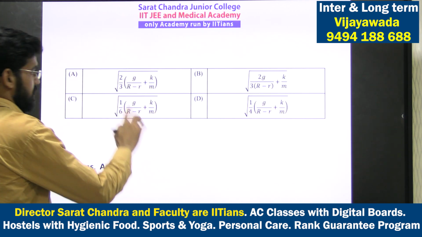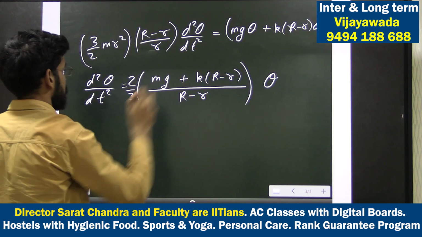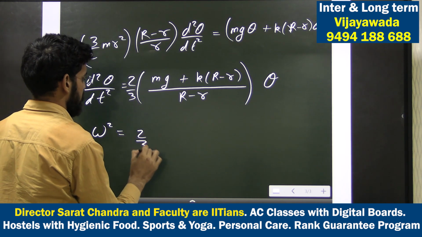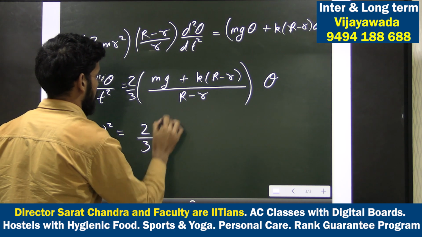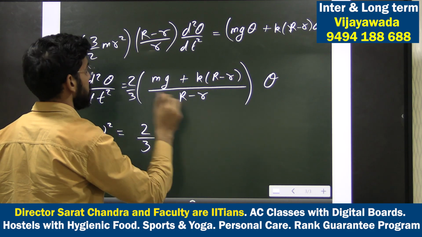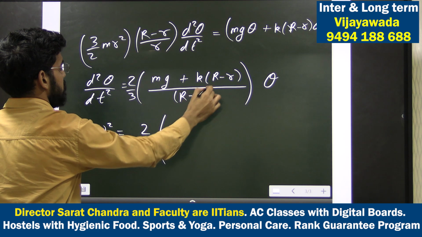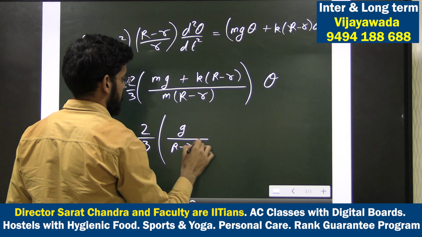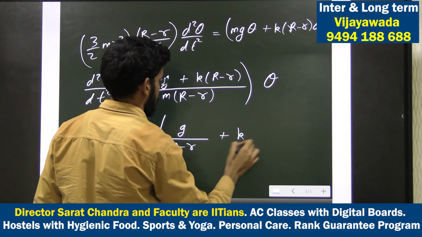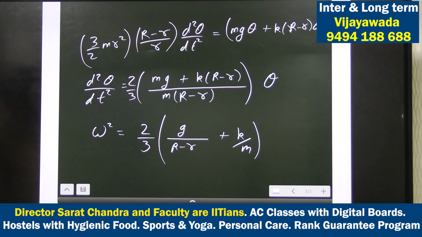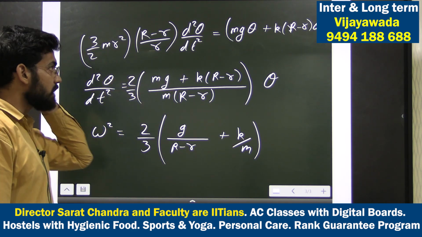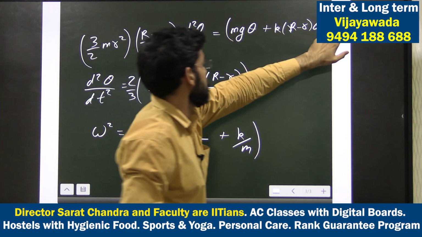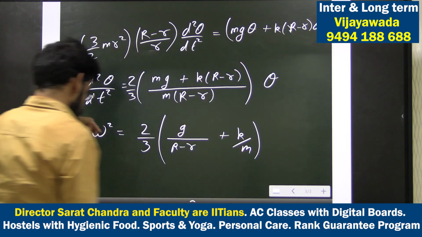Let's simplify. Omega square, under root you can take 2 by 3. Here we left the m, so m is in the multiplication. Now separate both: g by (R minus r), and on this side plus k by m.